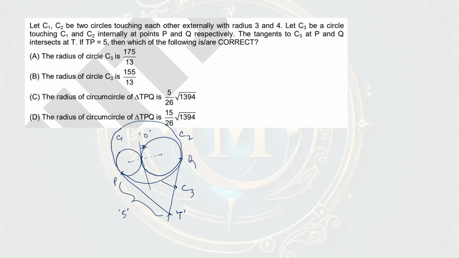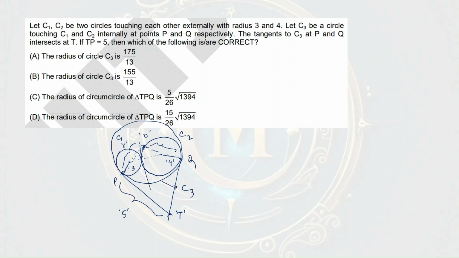So here the radius of the circle C3, let us assume that to be R. So this whole line is of length R, and this is a circle of radius 3 and this is a circle of radius 4.